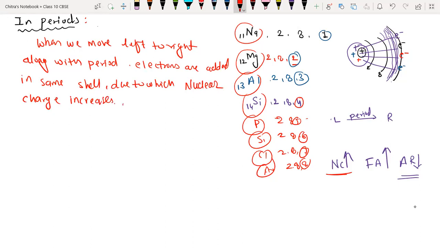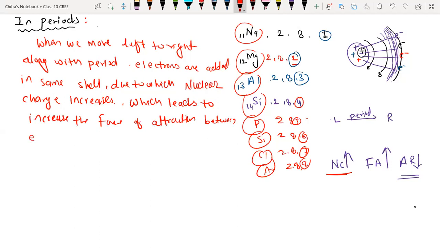Due to the increase in nuclear charge, the force of attraction between the electrons of the outermost shell and the nucleus increases.